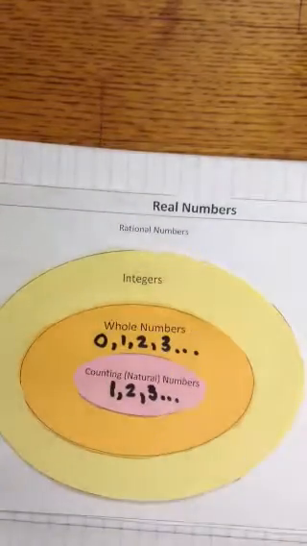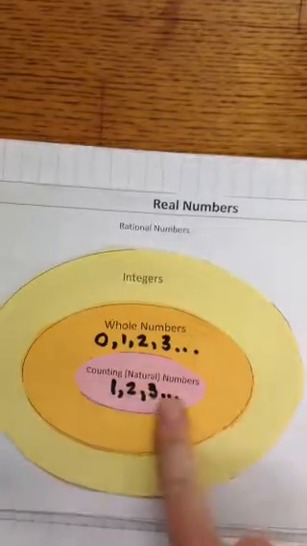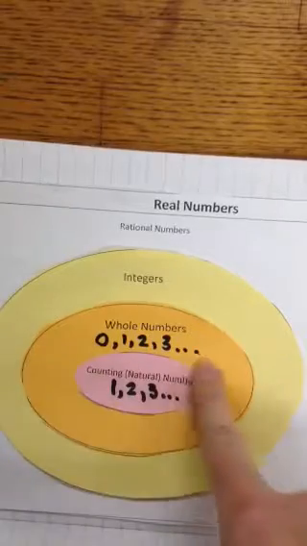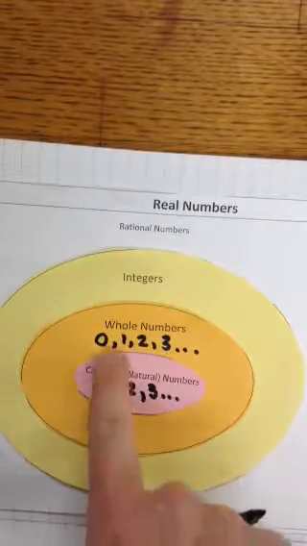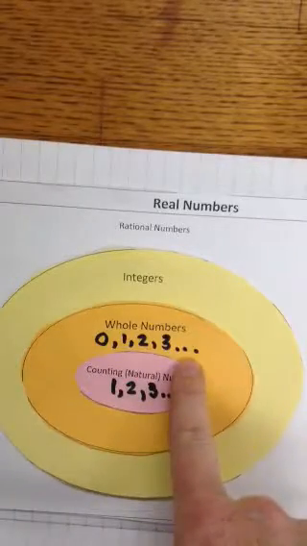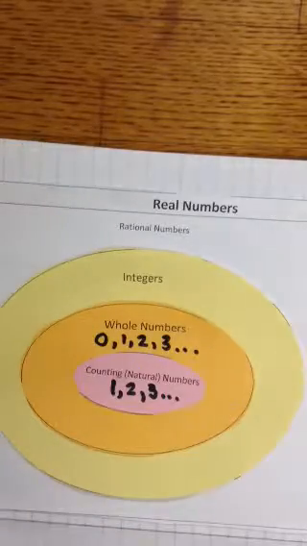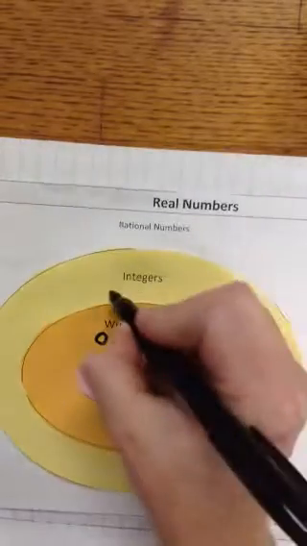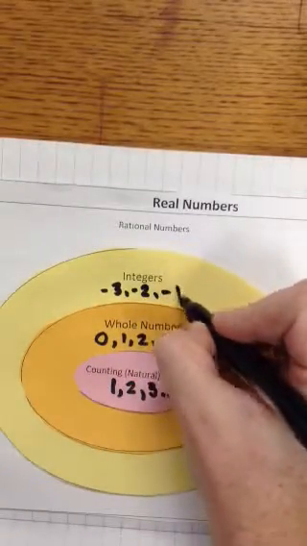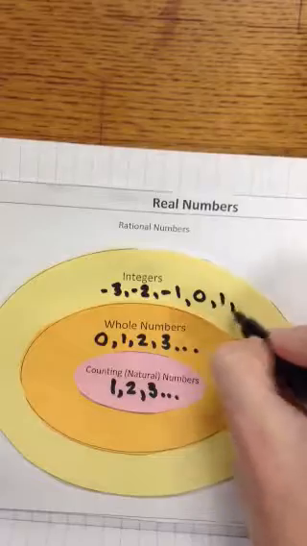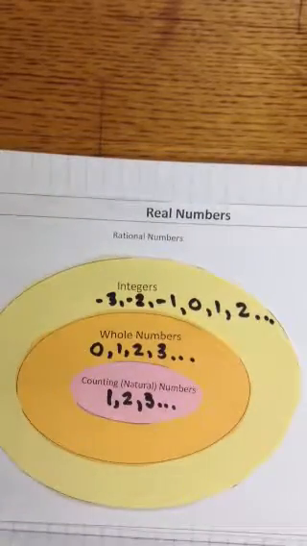The next set, the integers that you worked with last year, includes all of the counting numbers and all the whole numbers. So basically it's going to look like these numbers, and it includes all of their opposites, or the negative version of those numbers. So we can say -3, -2, -1, 0, 1, 2, ... Those are all of your integers.